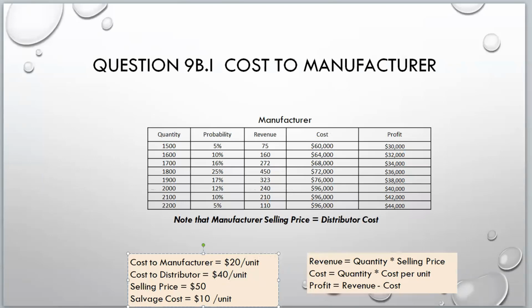Selling price is what the distributor sells it to the retailer. Then the salvage cost is the cost of unsold goods that is borne by the manufacturer or by the distributor, depending upon the type of contract you're looking at. And then all you do is look at the different types of contract, make to stock or make to order. In one of them, the manufacturer has all the risk, and in the other one, the distributor has all the risk, and calculate accordingly.